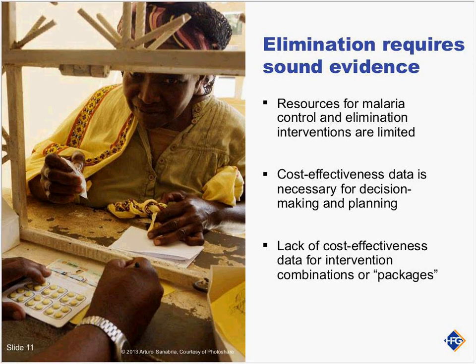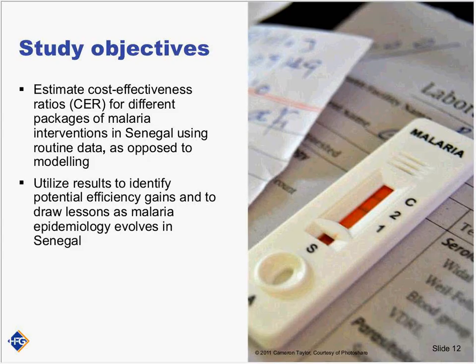With resources being limited for malaria elimination, and cost effectiveness data being a necessary tool for decision making, we see a lack of cost effectiveness data for these packages. These packages that countries have moved to use have very few studies looking at their cost effectiveness. So we'll try to fill part of that gap.